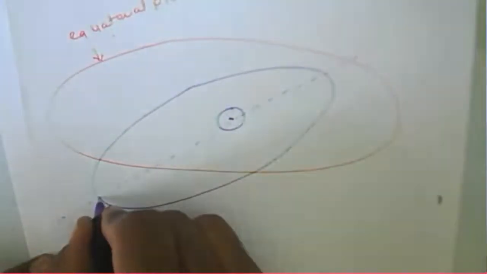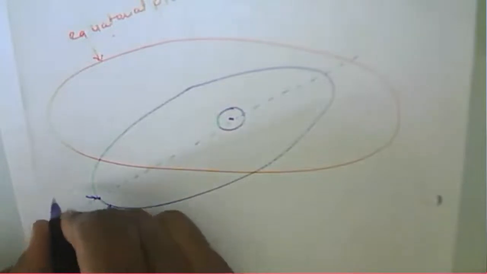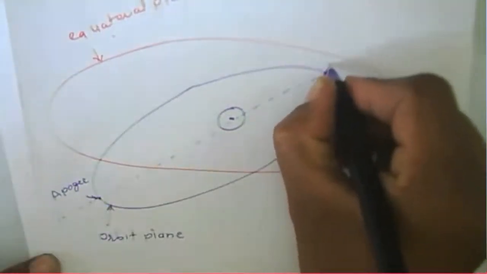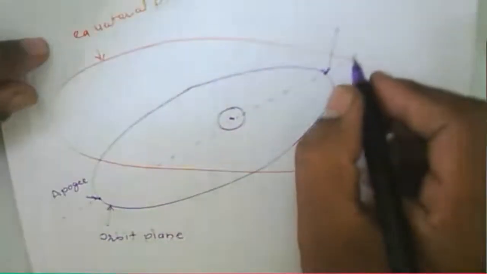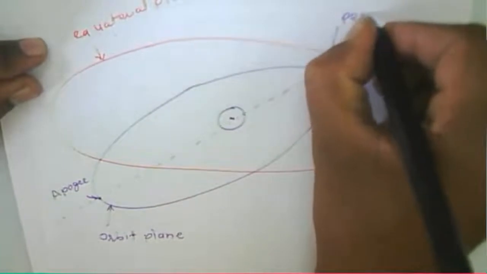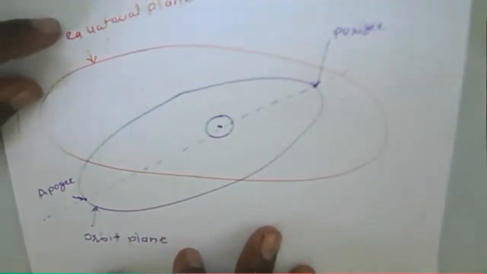Now, the point that is far away from the center of the earth is called the apogee.